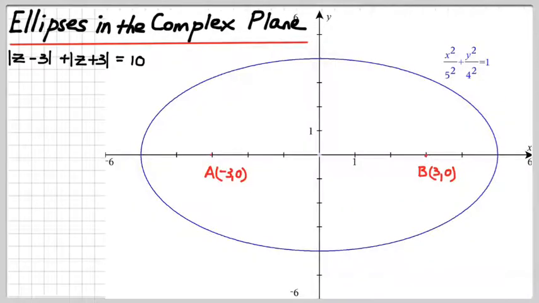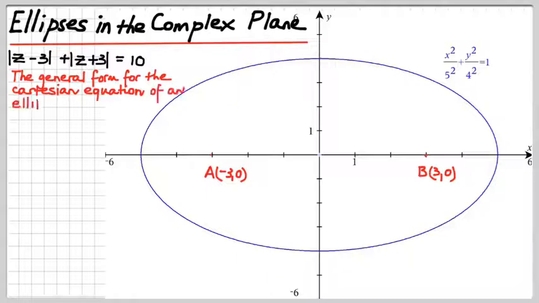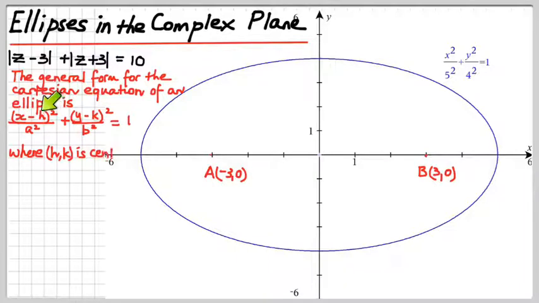Right, now here's our ellipse. Now we're going to go through the general equation, that's the Cartesian equation for an ellipse, okay? Now, you've got an equation over here. This one's not in its most general form though. The most general form is here, where you've got the centre point of the ellipse, that's H and K, okay, and the X semi-axis is A, the distance from the centre to the outside along the X-axis, or basically even if it's not on centre, it would be the distance horizontally from the centre to the outside, right?